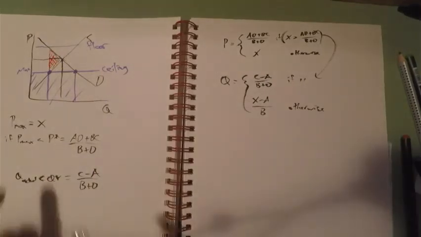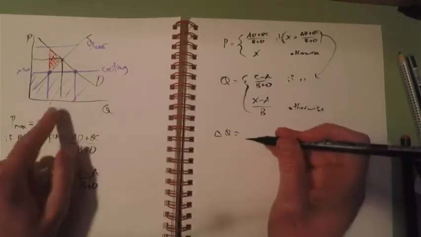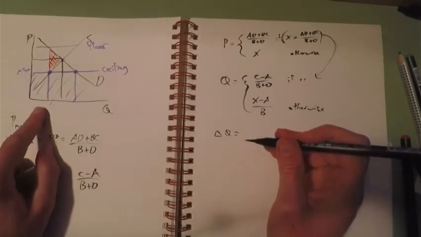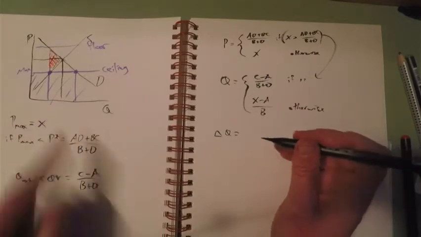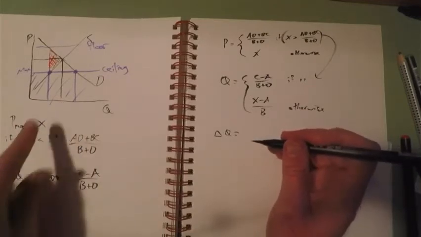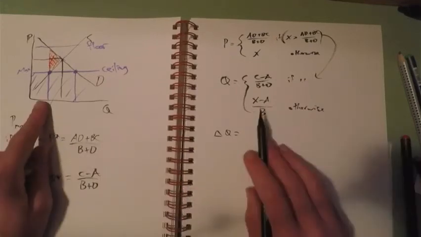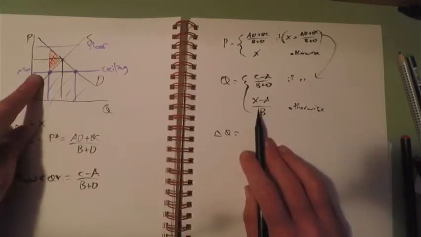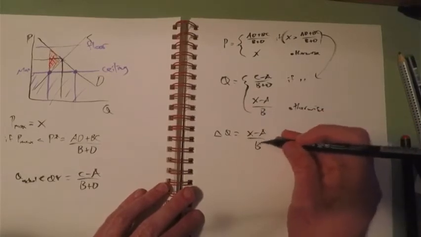So delta Q is going to equal Q star minus something, right? Or is it going to be something minus Q star? We're going to end up with a negative thing. So minus Q star, and what are we subtracting from? Our quantity is X minus A over B, right?